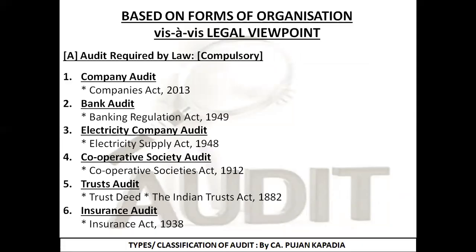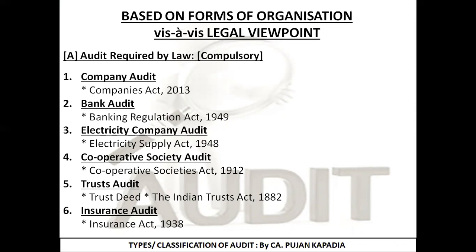It is based on forms of organization vis-a-vis legal viewpoint. If you want to classify the audit on the basis of forms of organization, it is different for a partnership, it is different for a joint stock company, it is different for a bank.